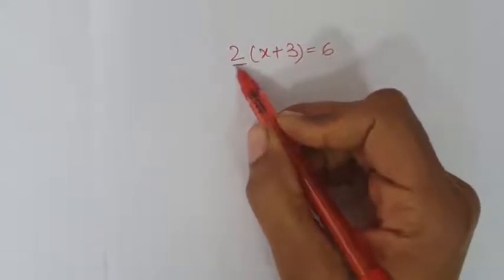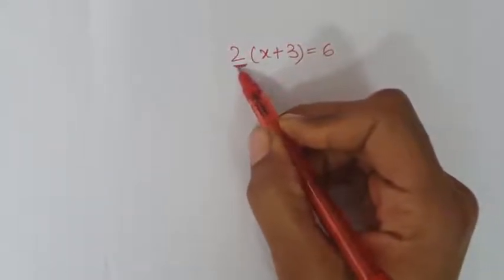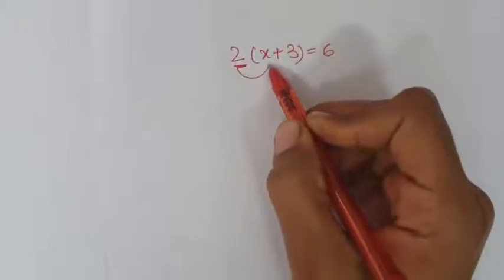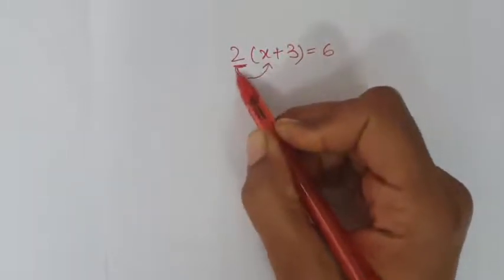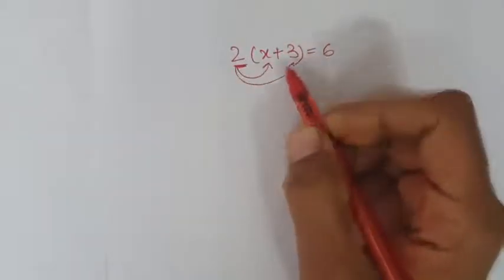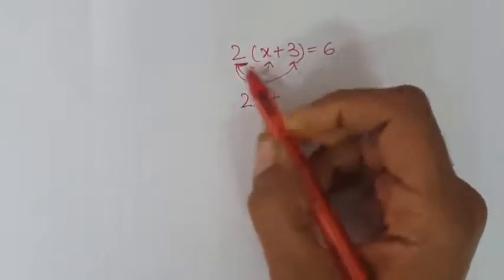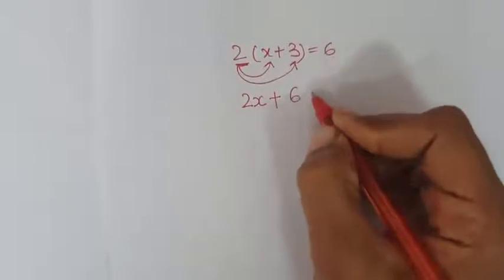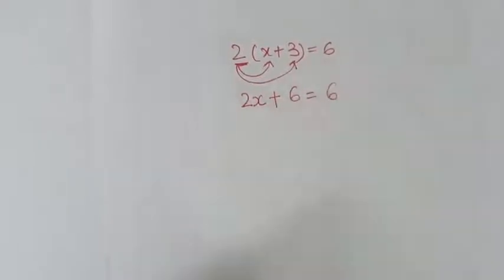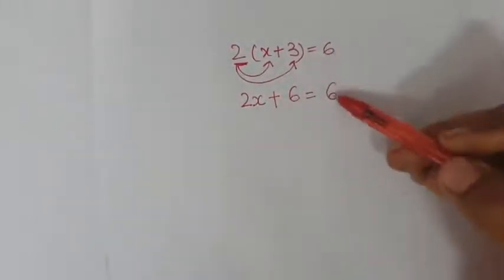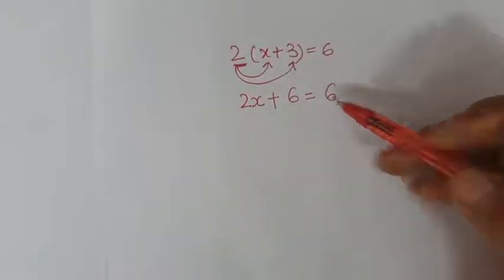Now 2 is outside the bracket. It means 2 will multiply with first x, then with 3. 2 into x, 2x. 2 into 3, 6 is equal to 6. This will remain same because this is on the other side.